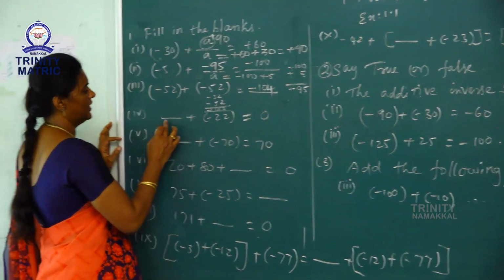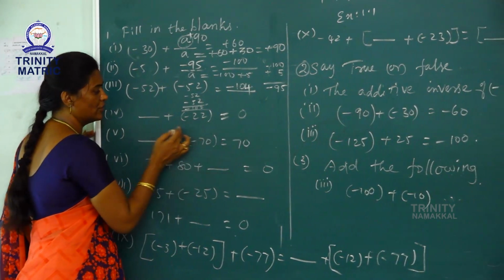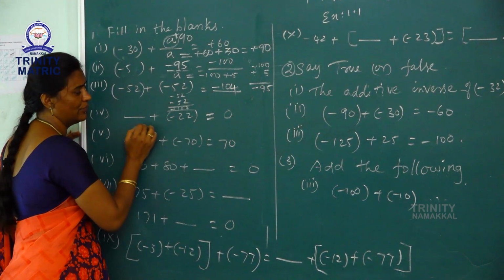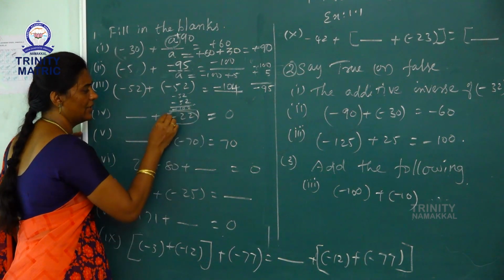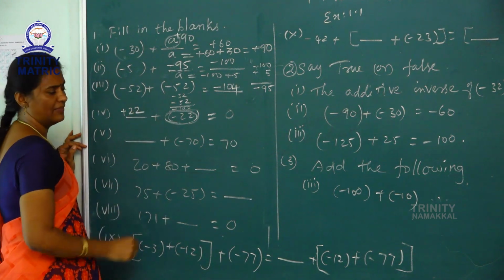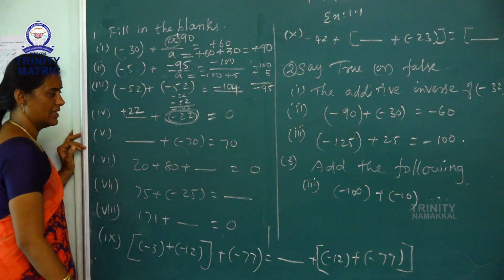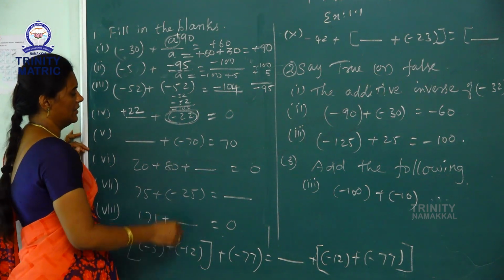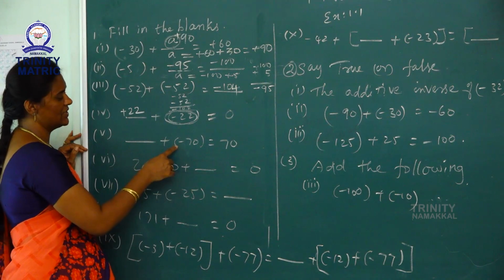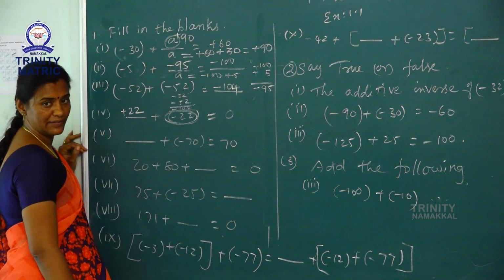See here, when we add two integers and the answer is 0, then the two integers are additive inverses. So what is the additive inverse of minus 22? Yes, plus 22. We add plus 22 and minus 22, the answer is 0.